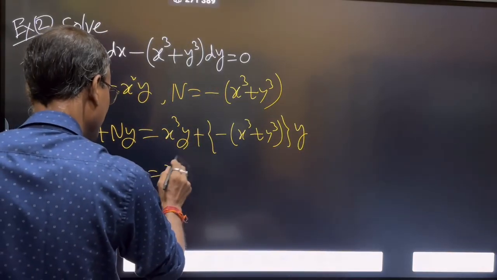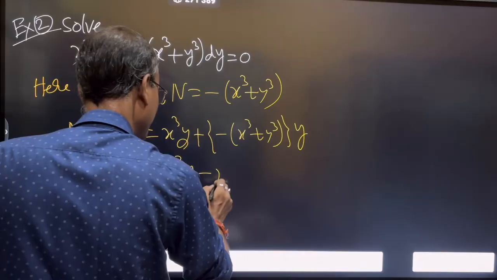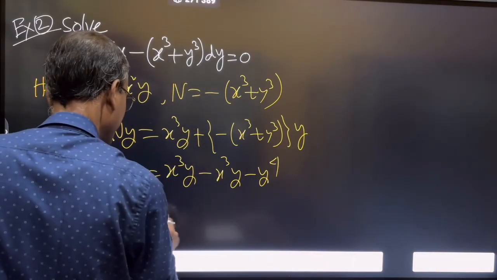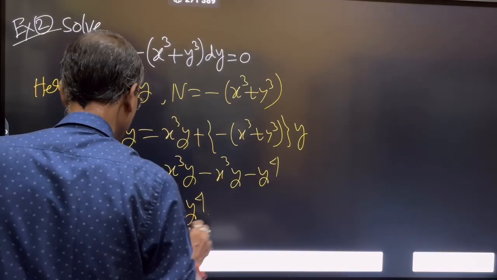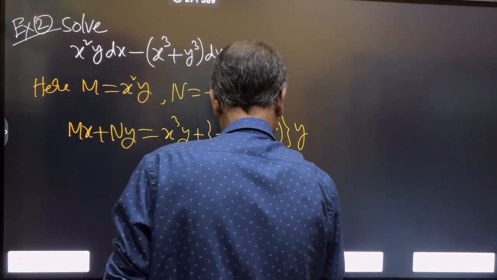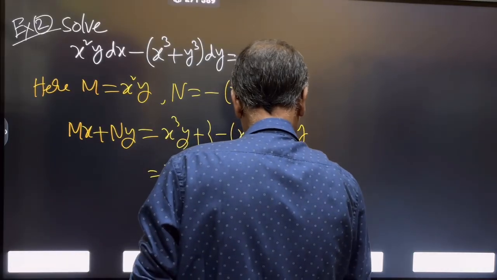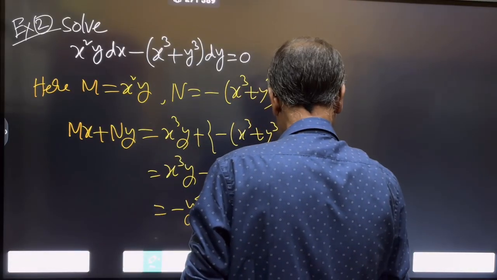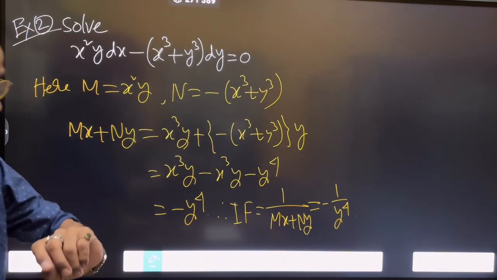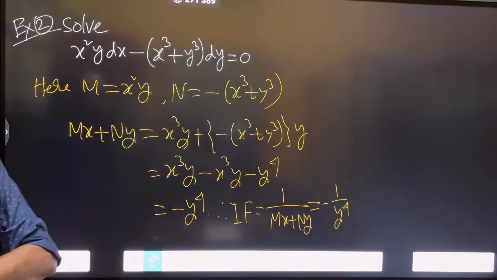This is equal to x cube y minus x cube y minus y to the power 4, equal to minus y to the power 4. Therefore, integrating factor equal to 1 by Mx plus Ny, which is equal to minus 1 by y to the power 4.